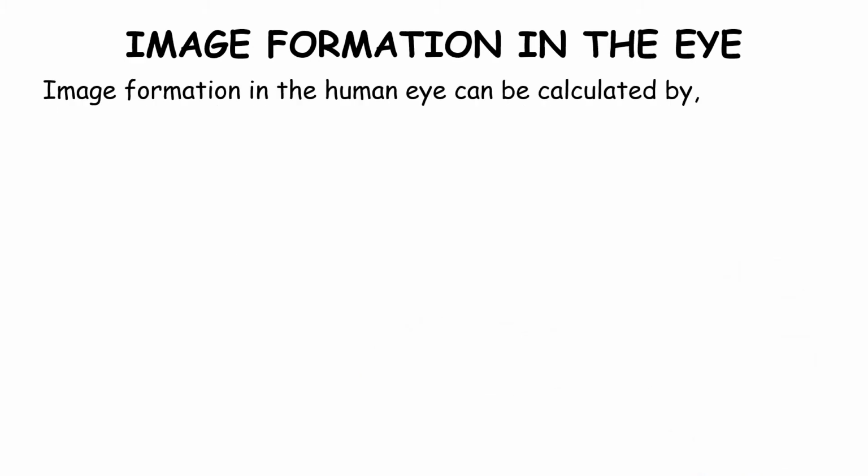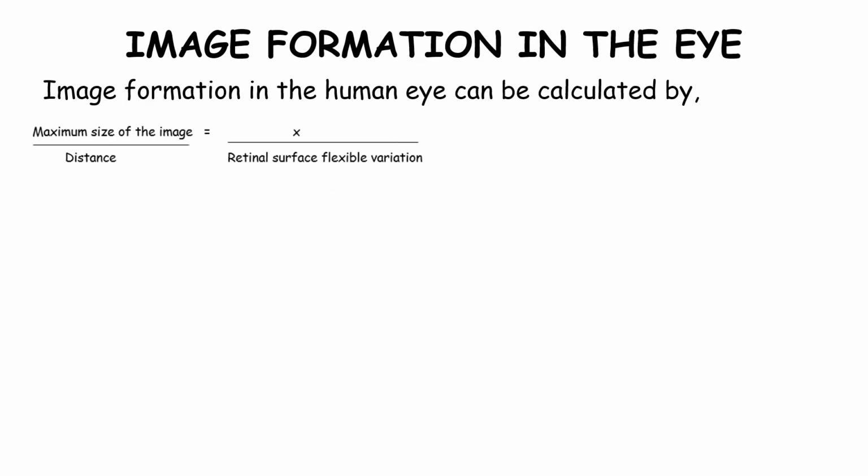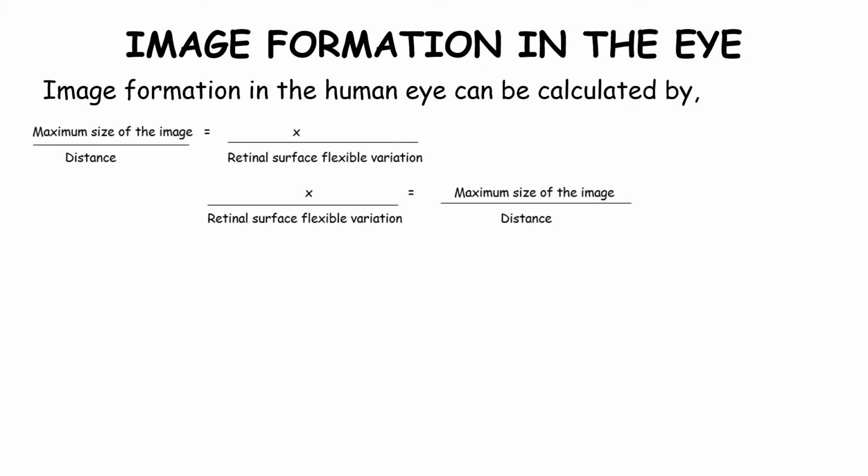So image formation in a human eye can be calculated by the maximum size of an image divided by distance, which is equal to x divided by the retinal surface flexible variation. By rearranging the equation, we can change both LHS as well as RHS according to our calculation.